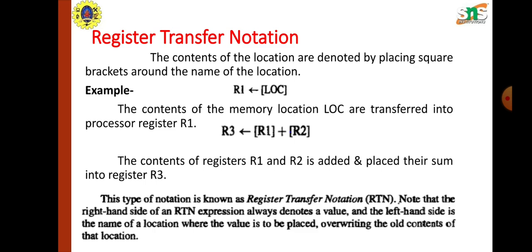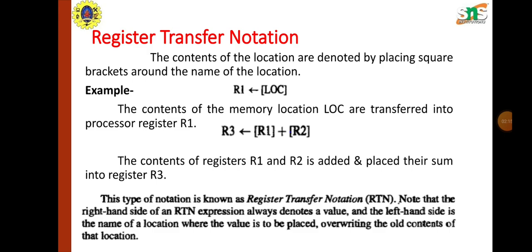Here it is mentioned R1 ← [LOC], where the location is kept in square brackets. This represents that the data from the memory address LOC will be stored into the register R1. This is the meaning of R1 ← [LOC].